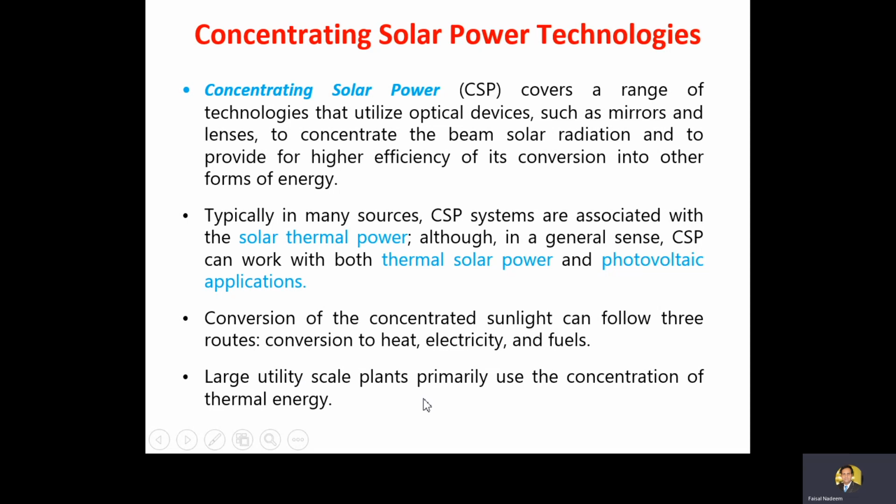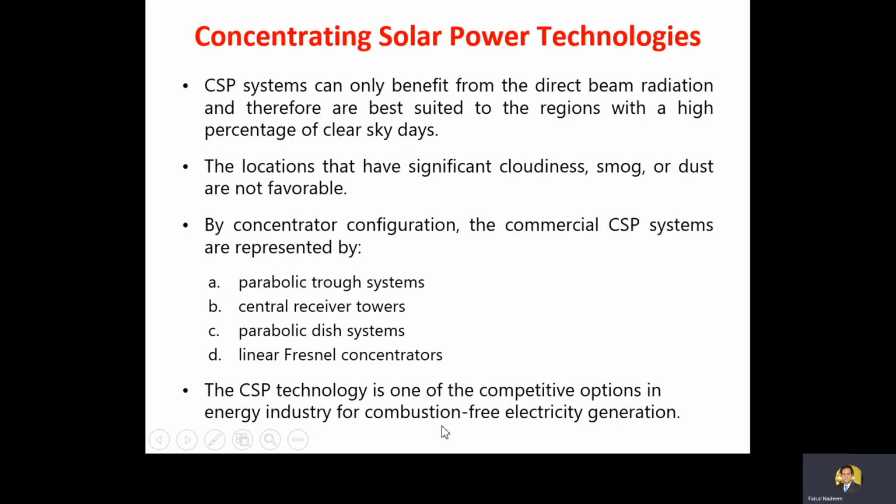Large utility scale plants primarily use concentrated solar thermal energy. Concentrated solar power technologies can only benefit from direct beam radiation and therefore are best suited to regions with a high percentage of clear sky.